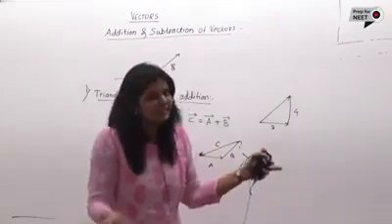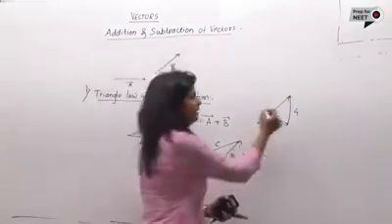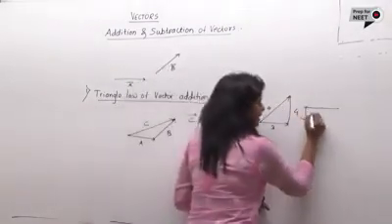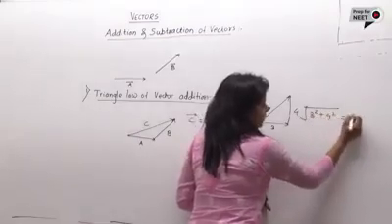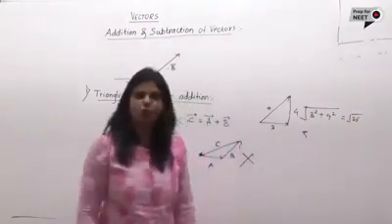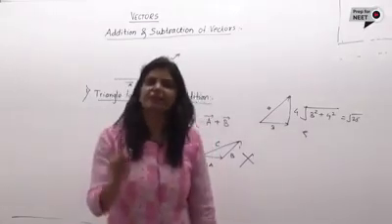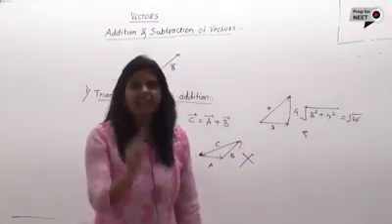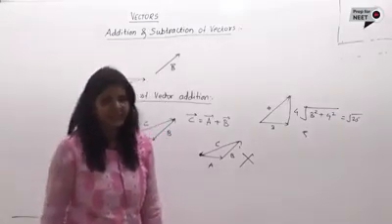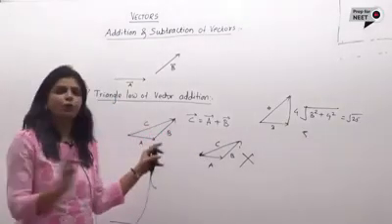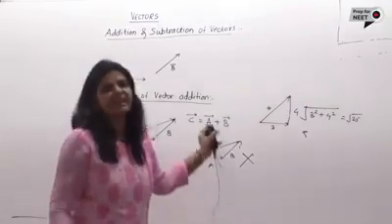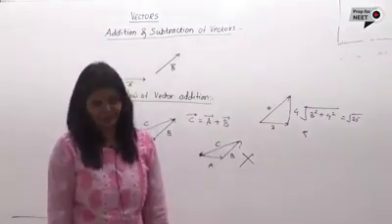So it's very obvious I can use Pythagoras and I'll be able to calculate here. It's 5. How come? It's under root 3 square plus 4 square, which is equal to 25, and we get 5. So in this case only, I'll be able to find the magnitude of the resultant and direction, right? Other than that, in any other case, we won't be able to calculate the magnitude of the resultant and direction with the help of the triangle law of vector addition.